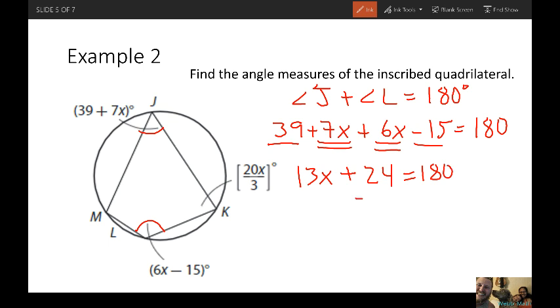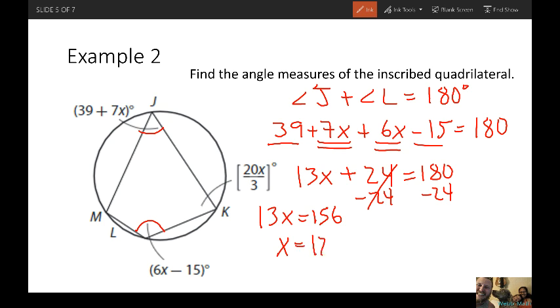Use the subtraction property for the 24. And you're going to have 13x equals 156. If you divide by 13, you should get x equals 12.